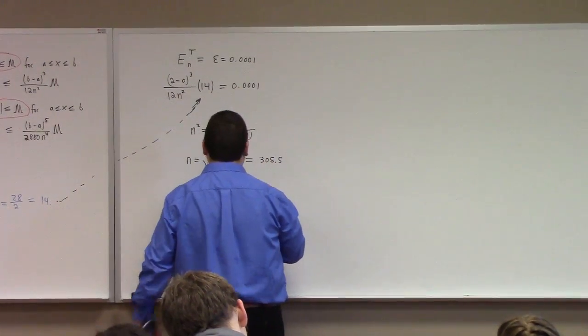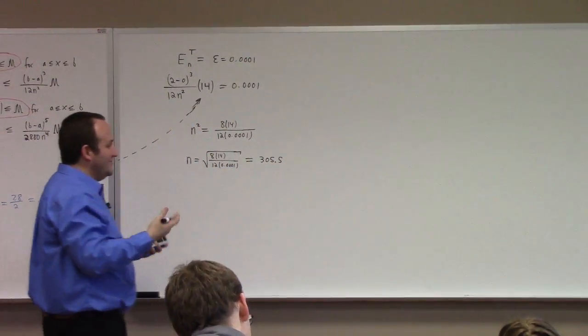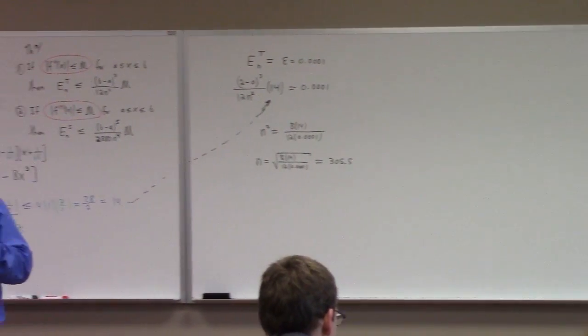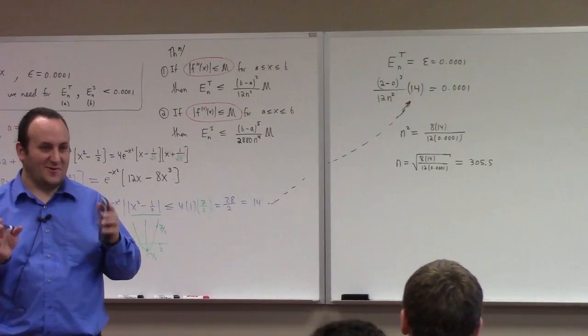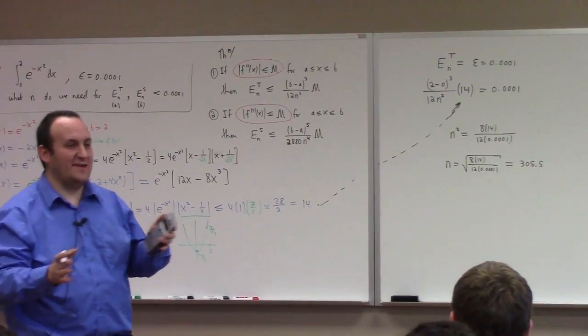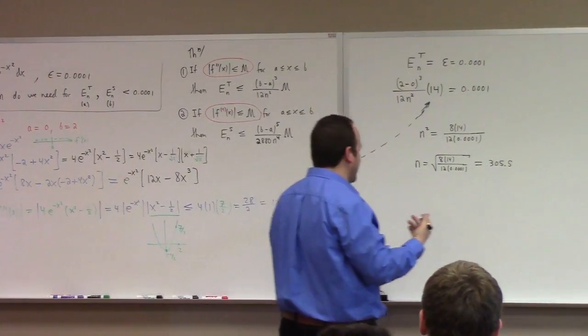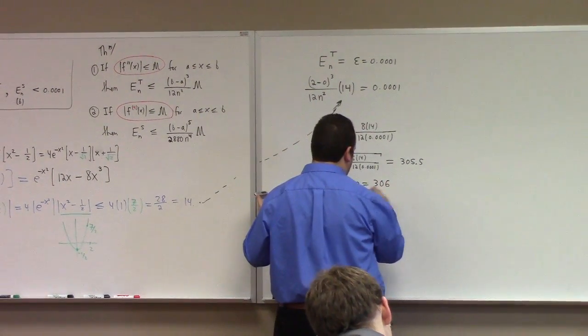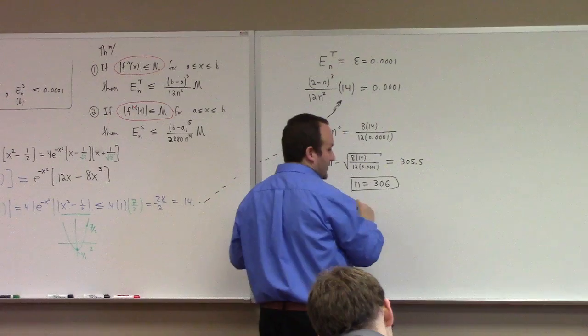So, obviously, can you do a trapezoid rule with 305.5 subdivisions? No. We can only do like 305 or 306. So to be safe, we say, okay, we'll let n equal 306. Hopefully that should do it if we believe the theorem and if our math was correct.